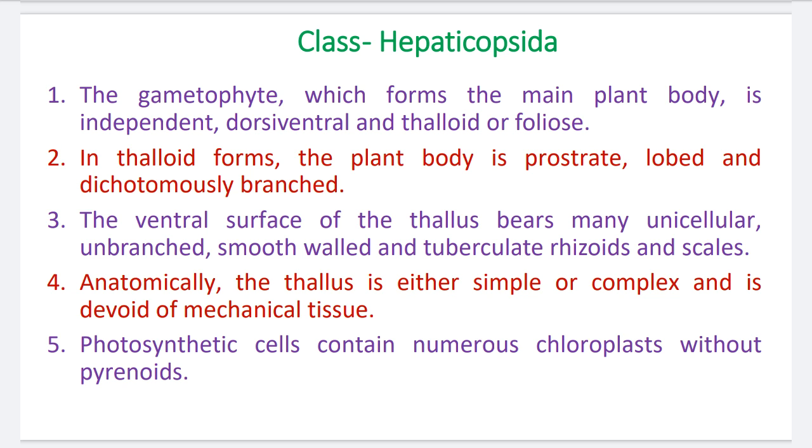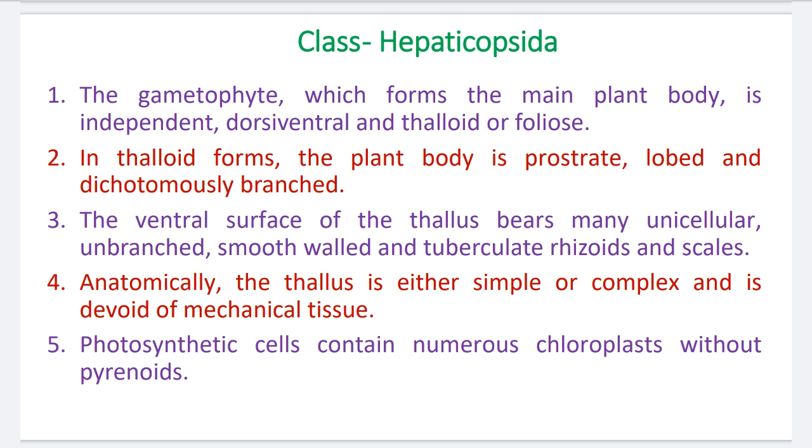The gametophyte which forms the main plant body is independent. Independent means in what case it is independent? It is independent for absorption of water and minerals from the soil, and it can synthesize its own food material as it is a green, photosynthetic plant.